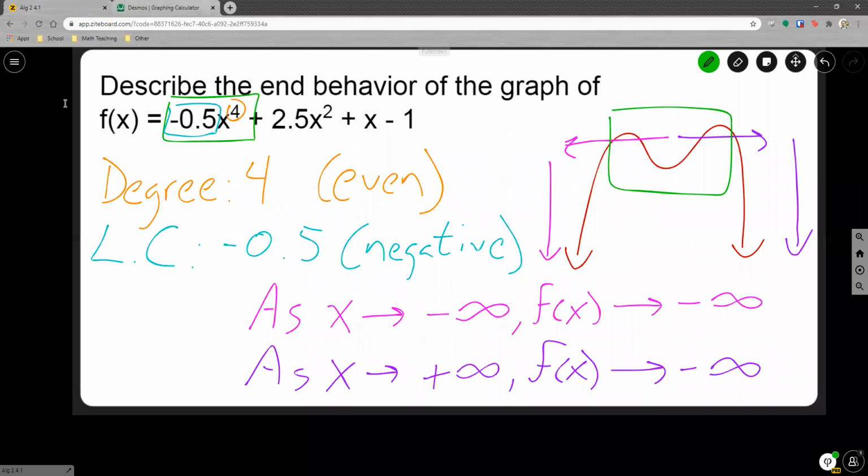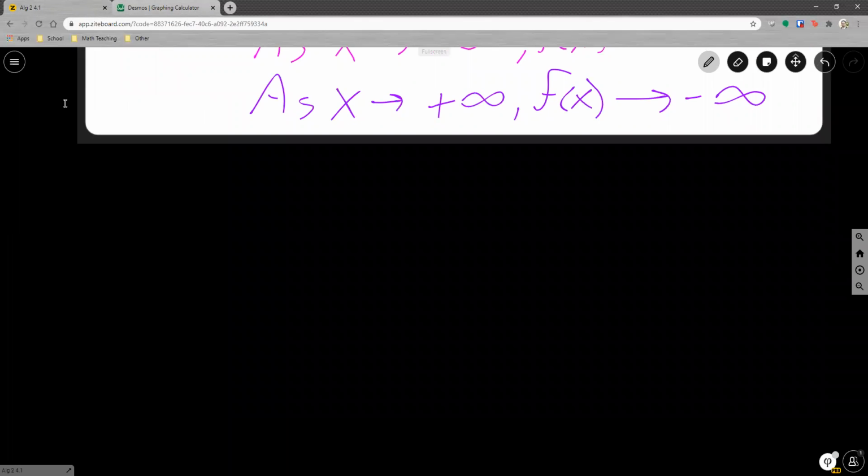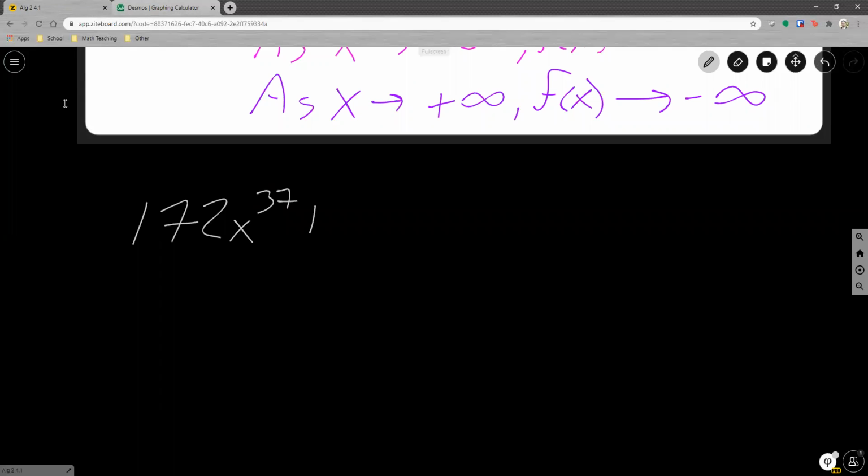What's nice is I can very quickly estimate what's going to happen, even if it's a crazy function. You know, 172 times x to the, I don't know, 37th power, plus a bunch of other stuff, maybe 37 more terms, all the way down to some kind of constant at the end.